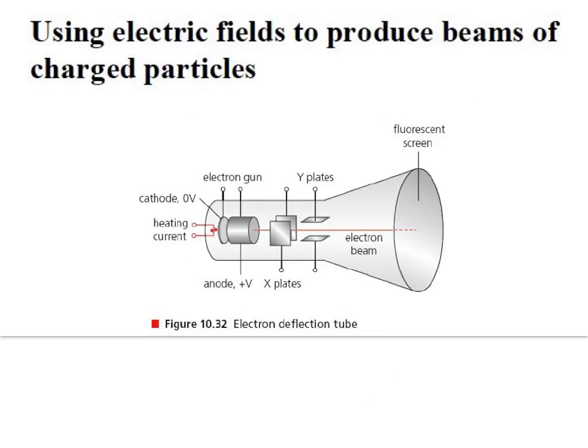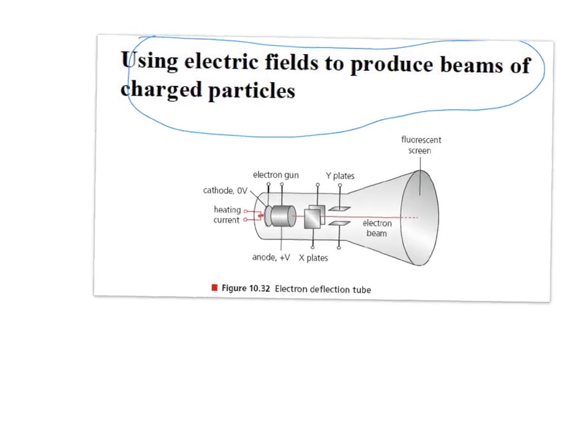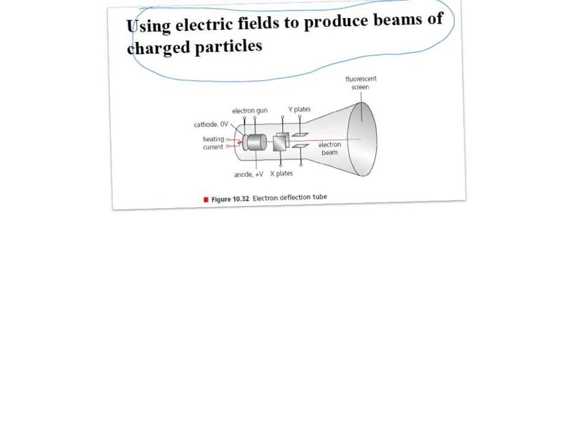Now I'm just going to outline a particular application of uniform fields, which is really outdated now. These electron deflection tubes used to be what functioned behind those huge, great big television sets that had the humongous back to them. You might find them in your granny's house, I don't know.